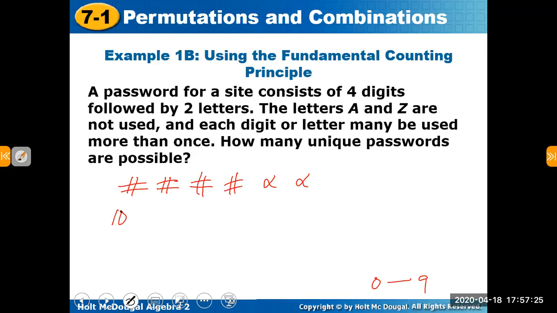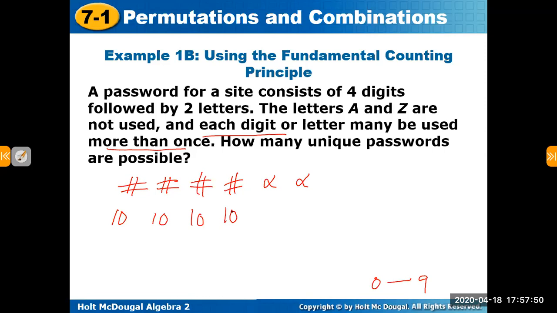And they said here that I can use the same digit more than once, meaning it can be repeated. So I have 10 options for the first one, 10 options for the second one, 10 options for the third one, and 10 options for the fourth one. For all the digits, I have 10 options each.